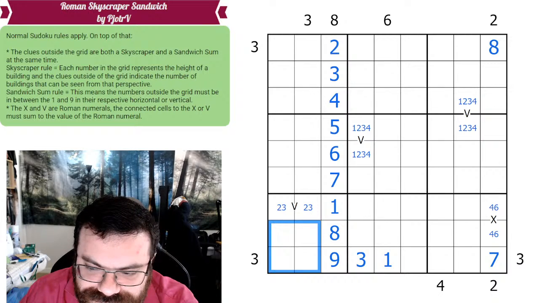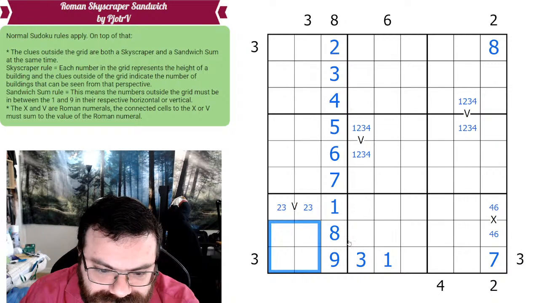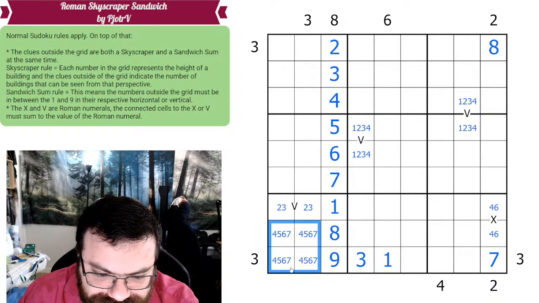So we actually know there's 4 digits left here. We have 4, 5, 6, 7. That's not 7, that's not 4, because there's basically a thermometer here. But the 7 can't go here, so that's not 6.